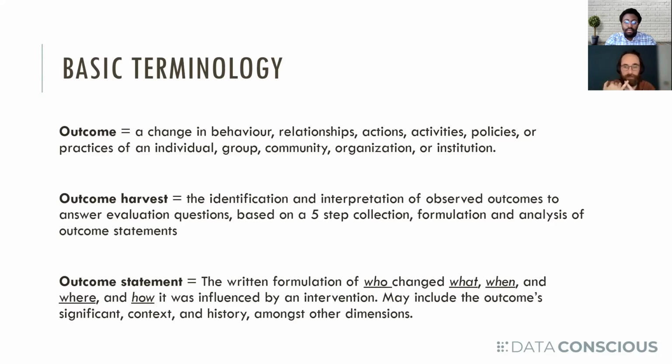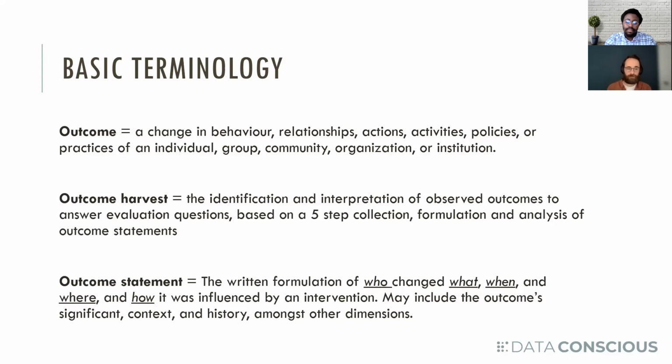So that could be individual people, groups, households, communities, organizations, or even institutions in the metaphorical sense, like the justice sector or something like that. So what they're talking about is actual changes in the world, observable changes that are being done by individuals in the communities that we serve.